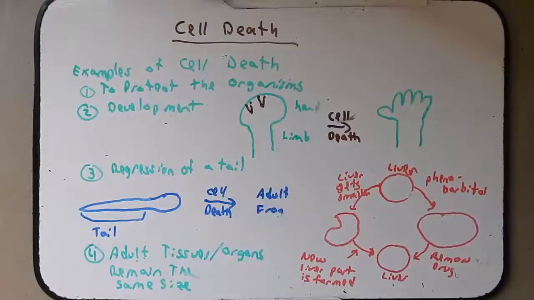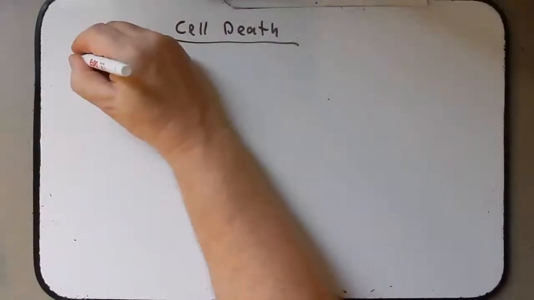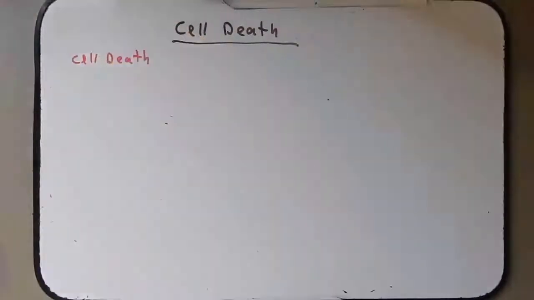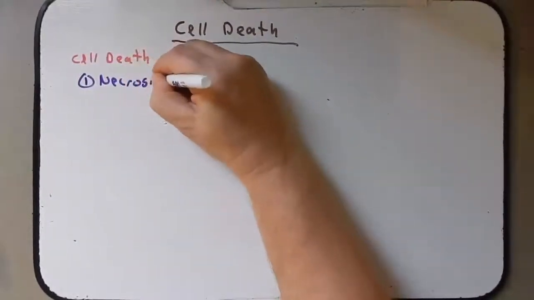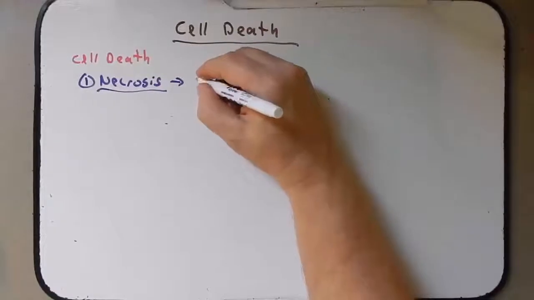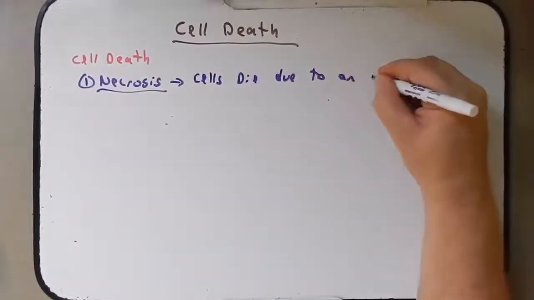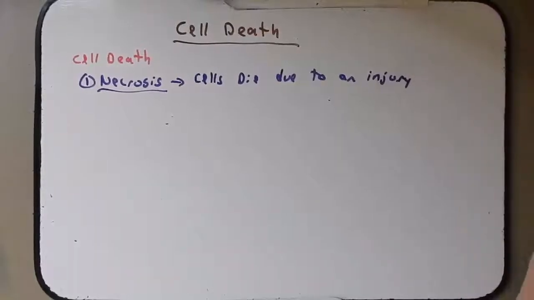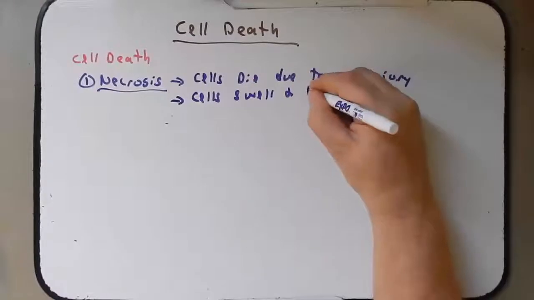So I'm going to talk now more specifically. Up to this point, I've just been using the term cell death. There's lots of kinds of cell death. One kind is called necrosis. This usually results when cells die due to an injury, some kind of trauma. When this happens, the cells will swell and burst.